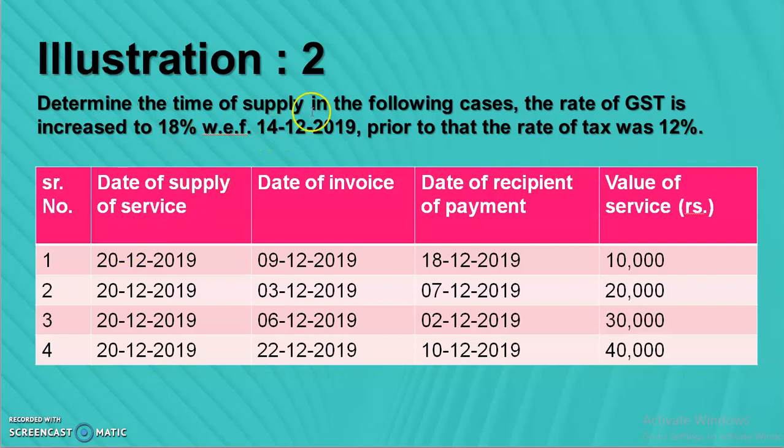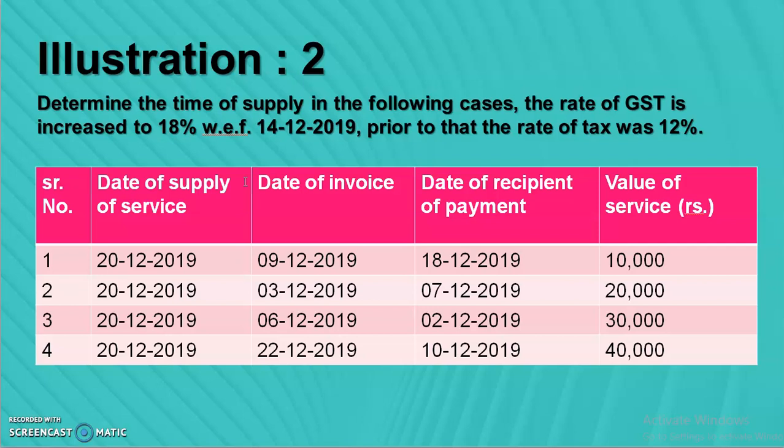This particular date, we will compare this particular date with this particular column. So 14/12/2019. After 14/12/2019, our supply is made on 20/12/2019. So this will be our after case, which means goods and service supplied after change in the rate of tax. I hope you are understanding this, students.